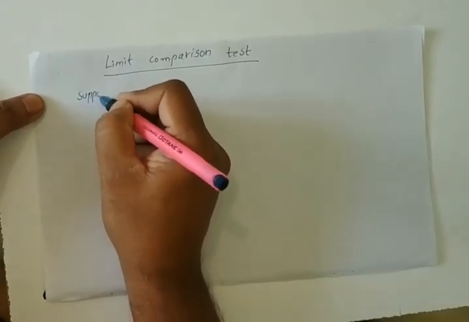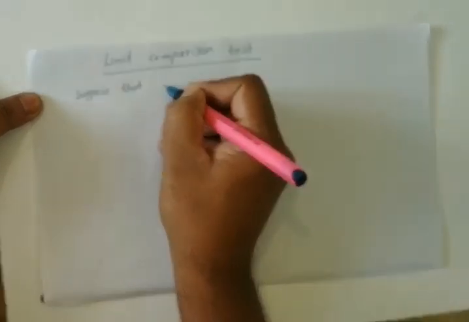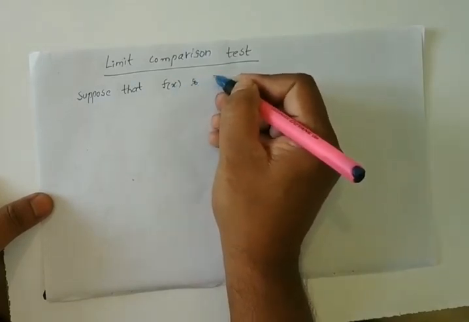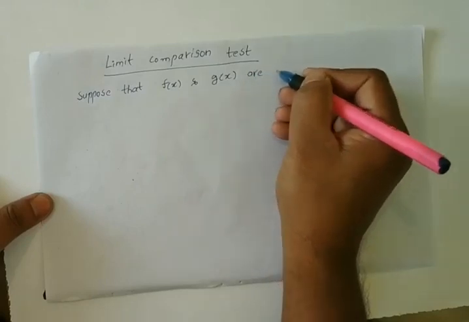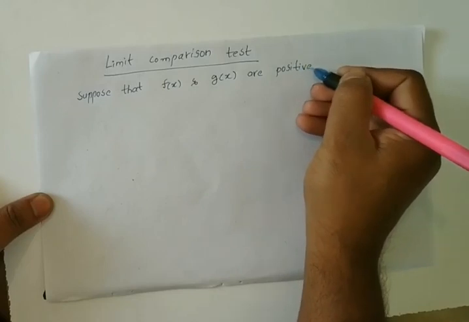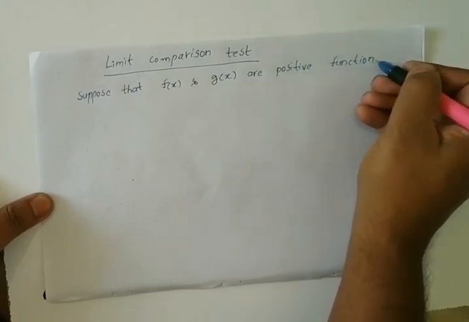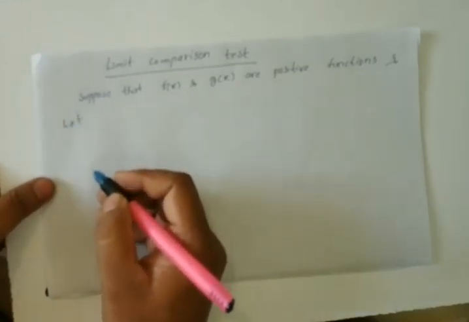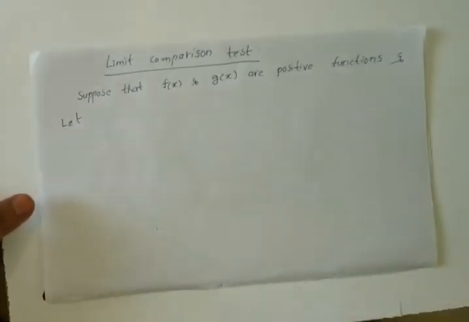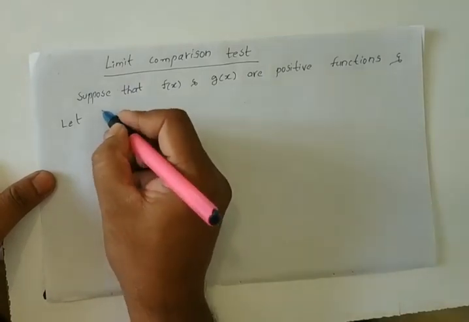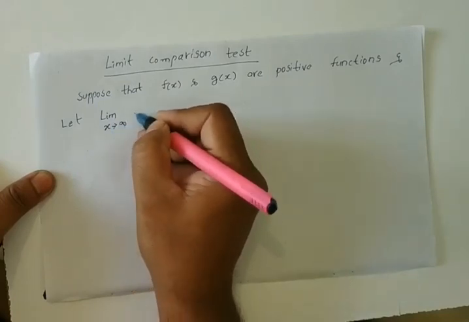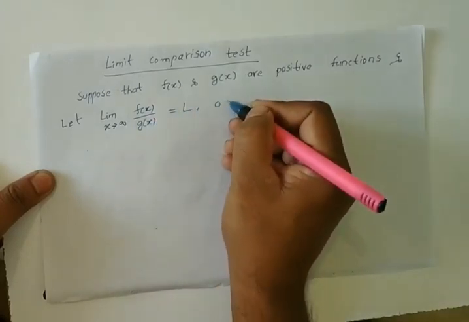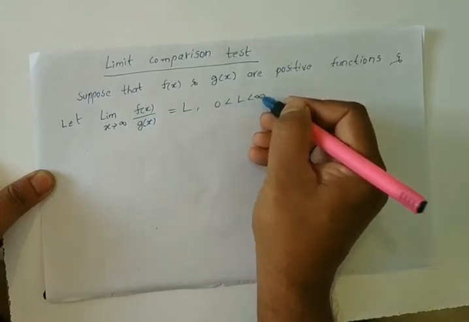Suppose that f of x and g of x are positive functions and let the limit as x tends to infinity of f of x by g of x is equal to L, where 0 less than L less than infinity.